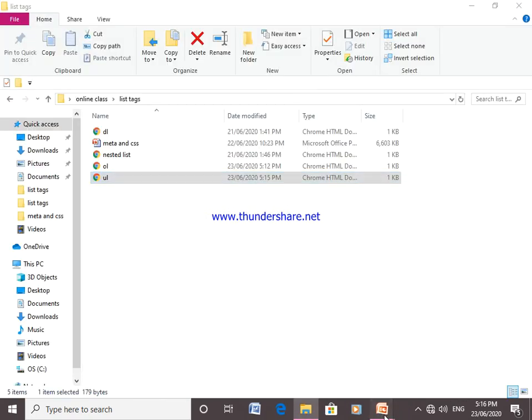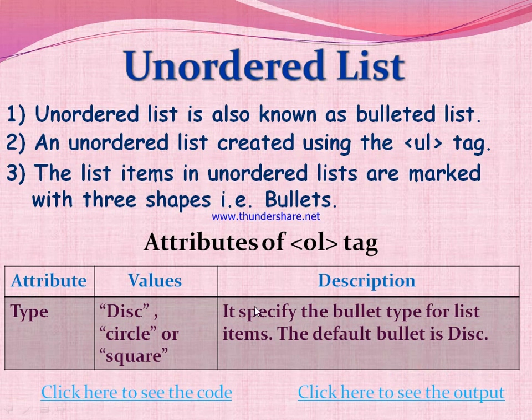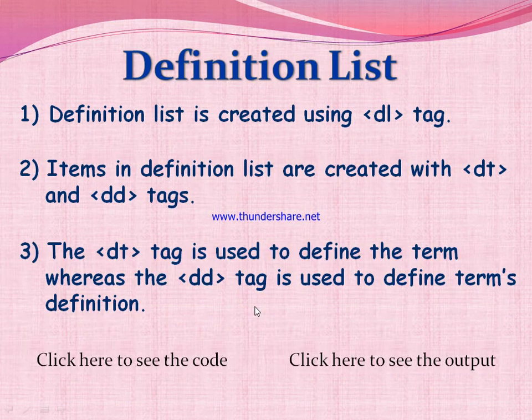Now the next is the definition list. So what is a definition list? A definition list is created using the DL tag, that is the definition list tag. Whenever there is a need to specify one text as a main text, and below that, if we want to enclose some textual matter, that is some content of that term itself, then you have to use the definition list.